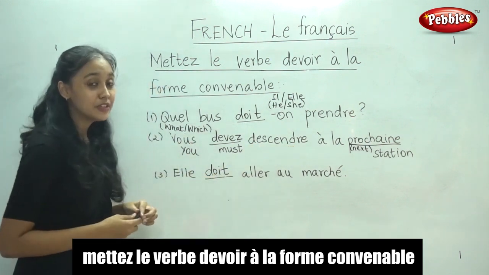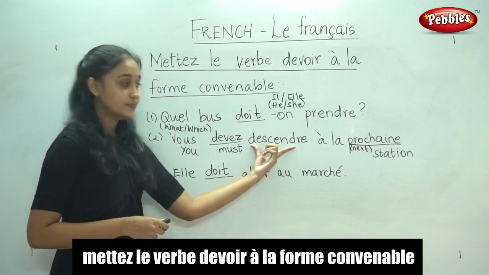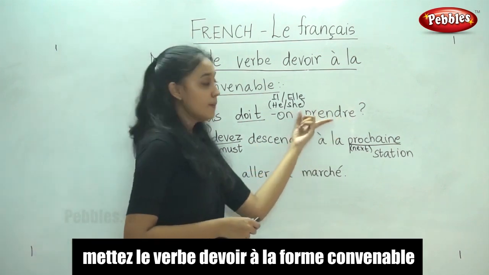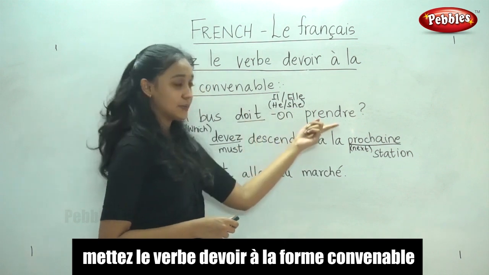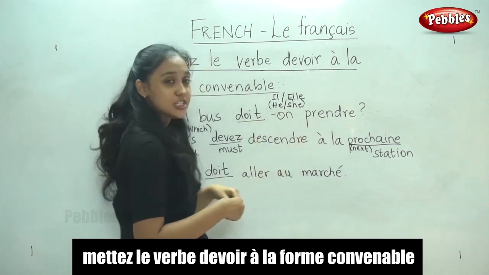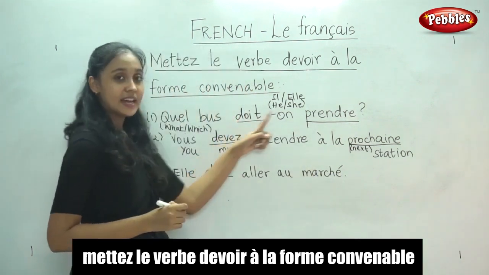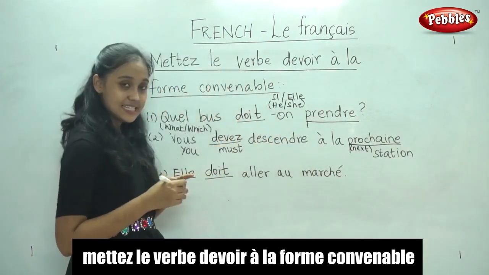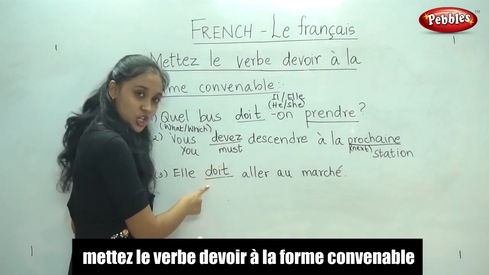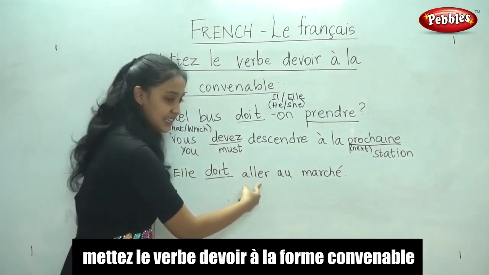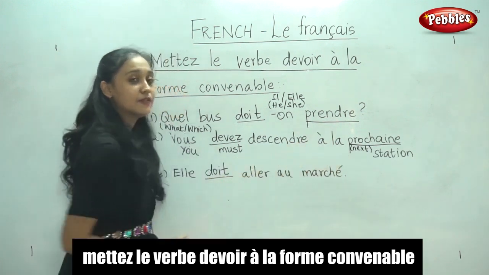So, what is the infinitive? Descendre. And did you note this verb? Prendre, we learnt this verb. It means to take. Did you note that it is in the infinitive form? Yes, when there are two verbs in a sentence, the first verb is conjugated based on the subject pronoun and the second verb remains in its infinitive.